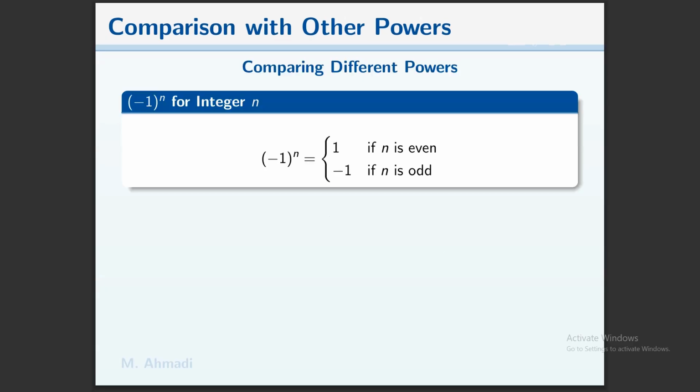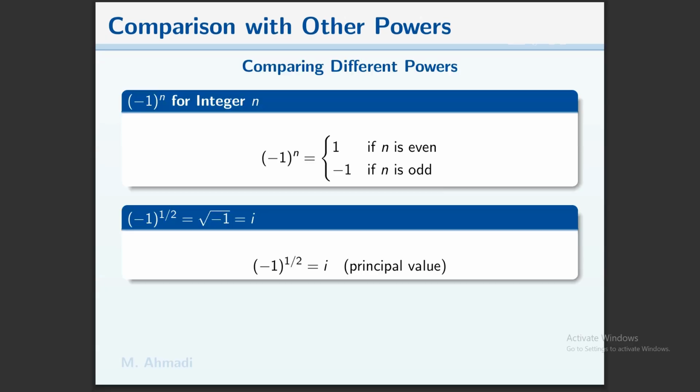Also, we have some comparison with other powers. (-1)^n for integer n: if n is even, then the value is 1, and if n is odd, then the value is -1.